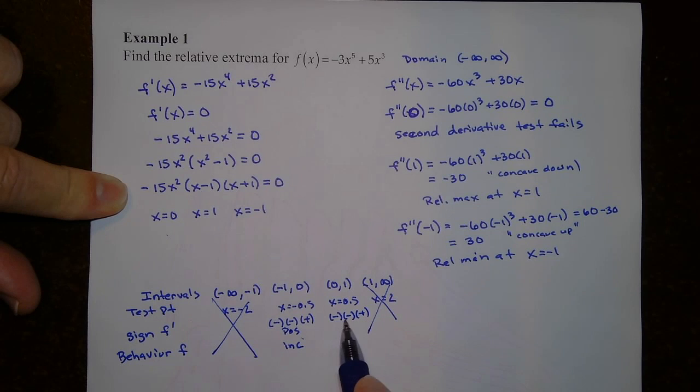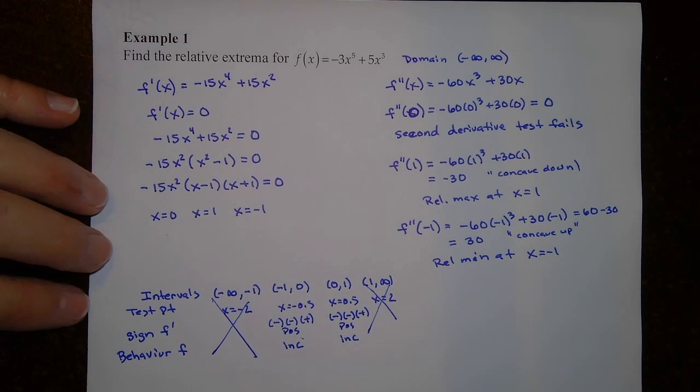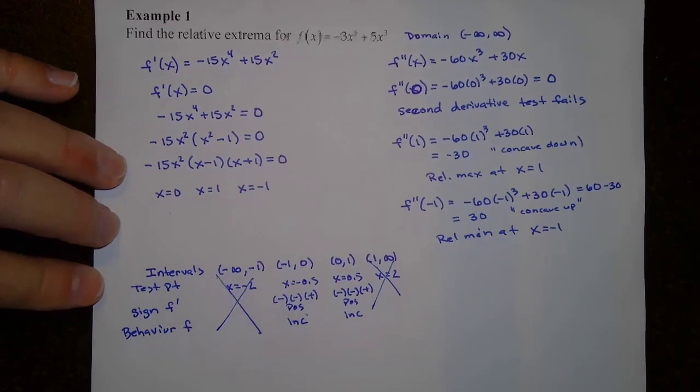And so we have a negative times a negative, which is a positive, times a positive, which is positive. So it's increasing there. It's going from increasing, horizontal tangent, to increasing. So that's not a relative max. So now we know for sure, without a doubt, that at x equals 0 there isn't a relative min or relative max.